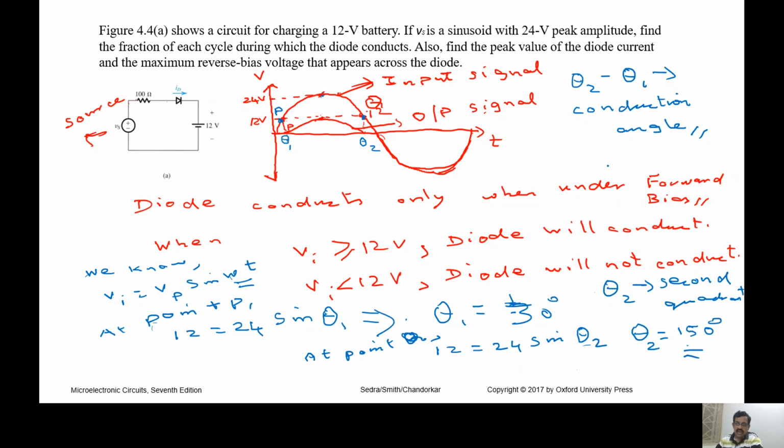So the conduction angle is 150 minus 30, which is equivalent to 120 degrees.